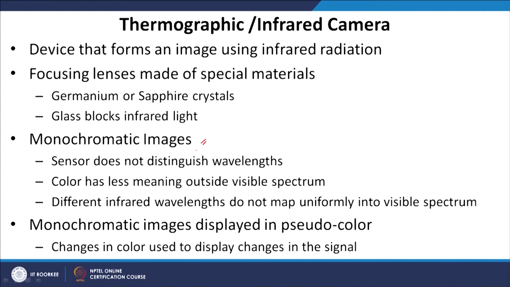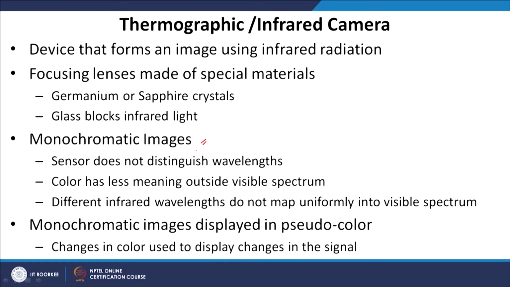So, where is the color coming from? What does color have to do with an infrared camera? In fact, most of the time the image formed in an infrared camera is monochromatic. It is a single color, because infrared cameras are not dealing with the visible part of the spectrum. So, there is no question of color coming into this, and the lenses and the images formed are monochromatic.